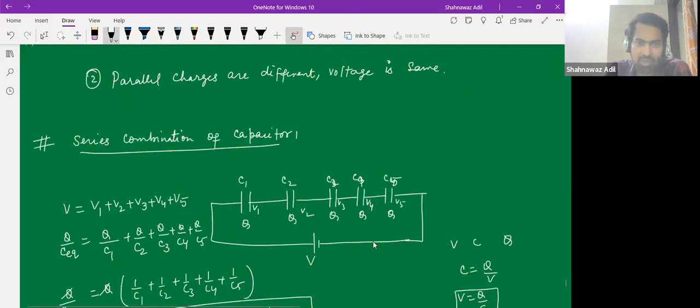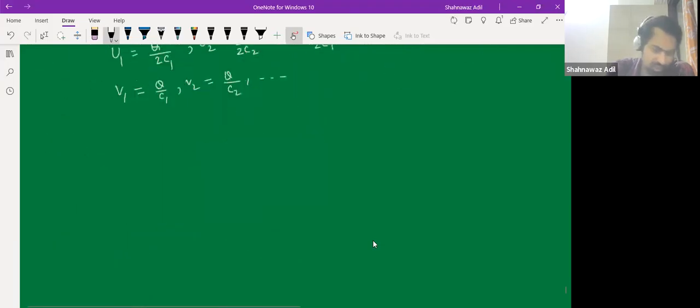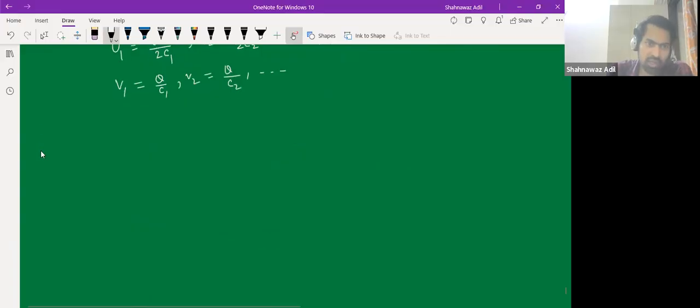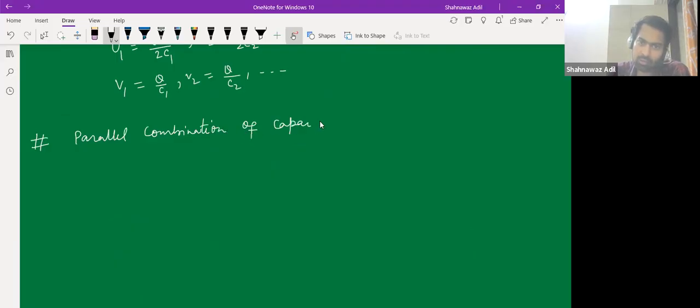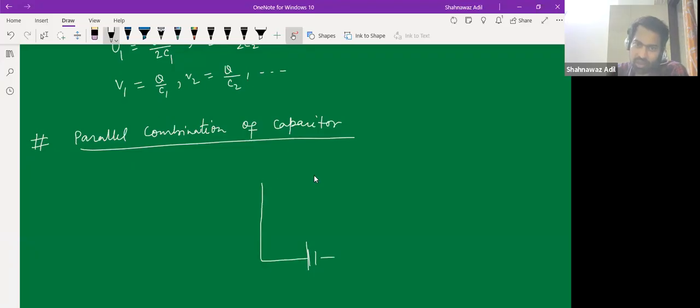And what happens with the parallel combination? So in parallel combination, we have this voltage, right? And these are the capacitors that we connected.